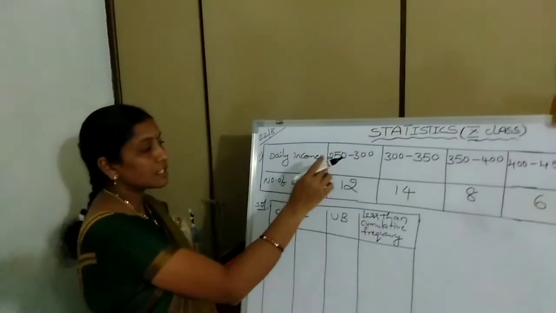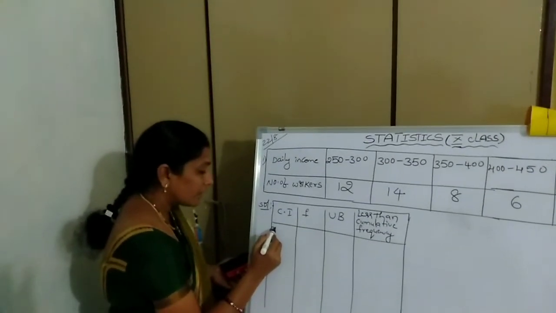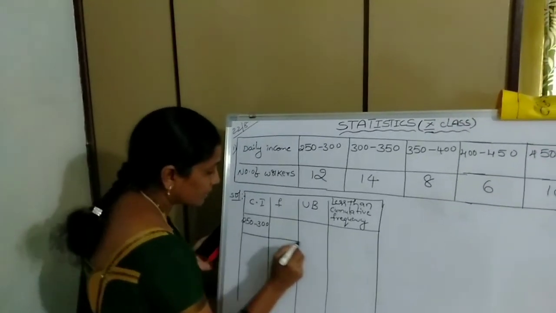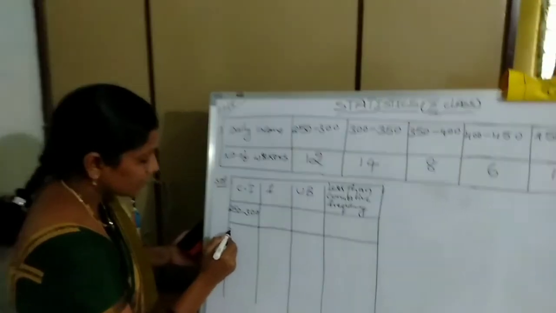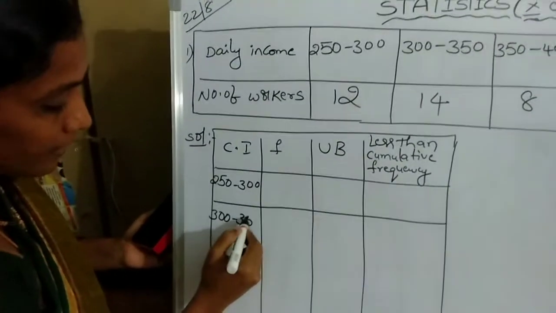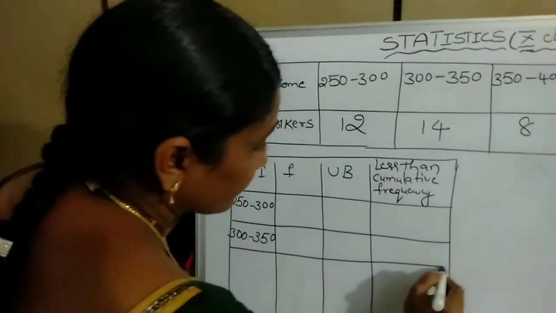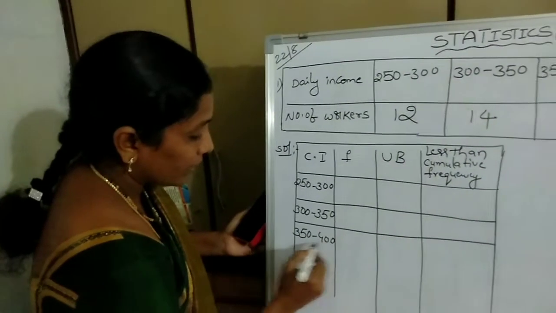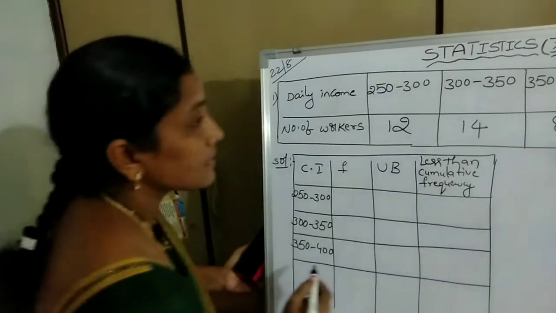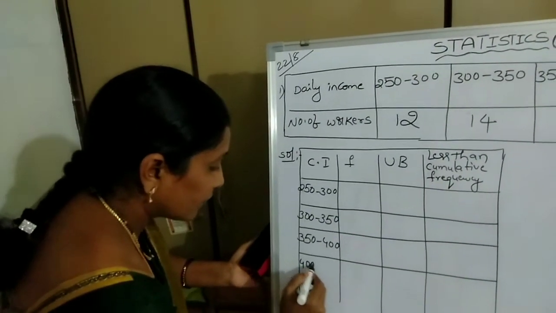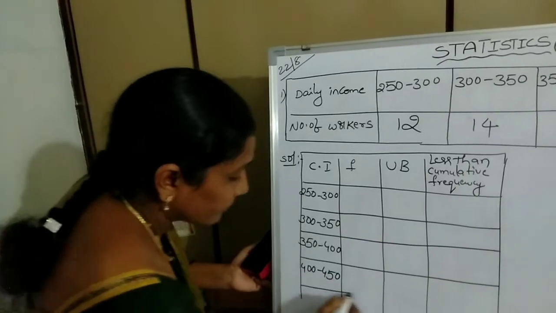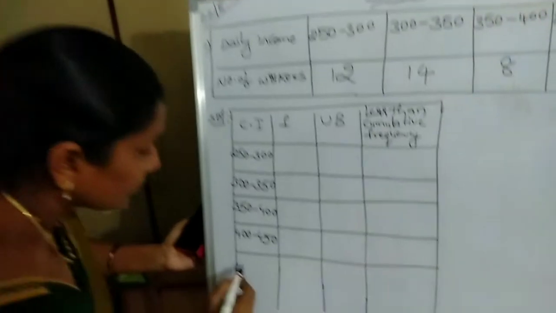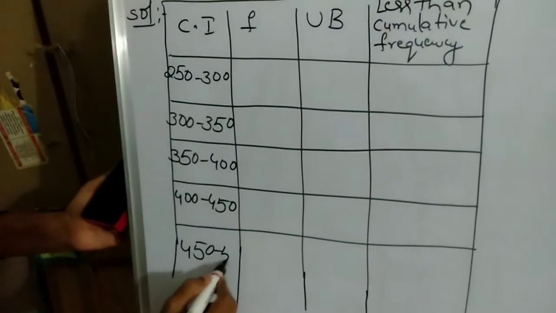So, what are the class intervals given in the table? Yes, 250 to 300, that is the first class interval. The next is 300 to 350, then 350 to 400, then 400 to 450, and then 450 to 500.